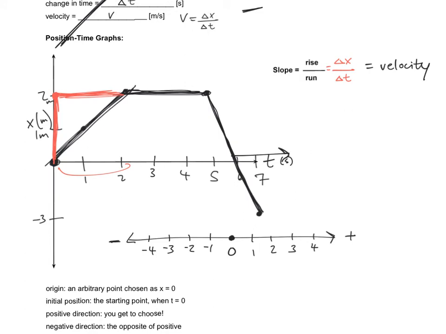In that case, I was moving from 2 to -3. I was going in this negative direction. So with the slope of these graphs, the steepness will tell you the speed, how fast you're going, and whether it's positive or negative will tell you what direction you are going in.